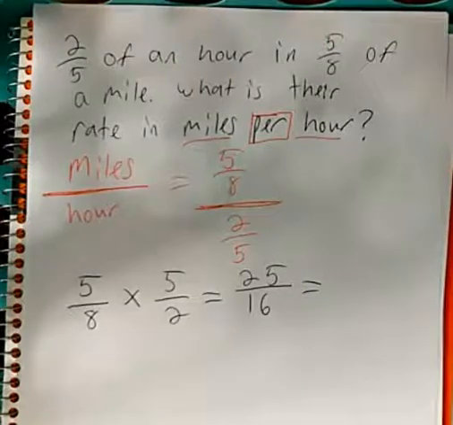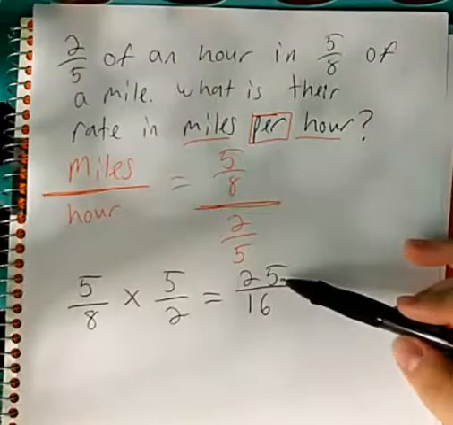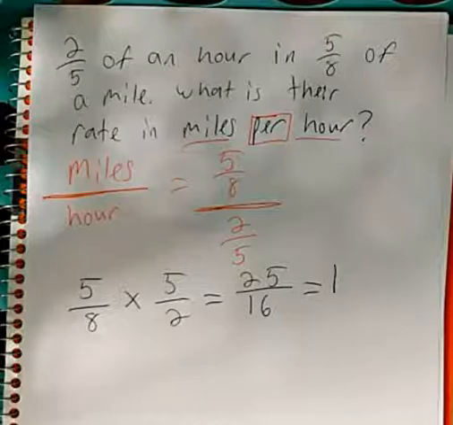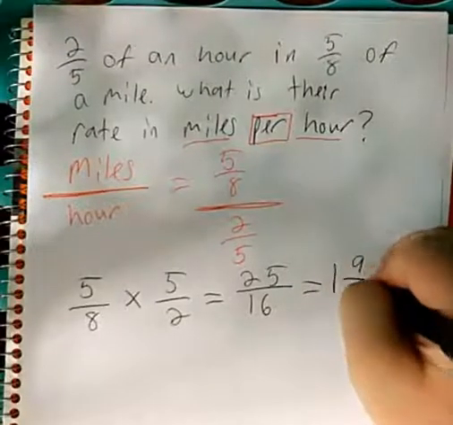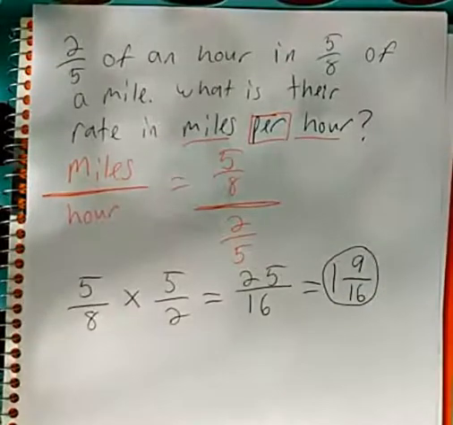And I see that it does want me to turn it into a mixed number. Well, I know that 16 goes into 25 one time, and 25 minus 16 is 9. So it would be 1 and 9/16 would be my final answer.